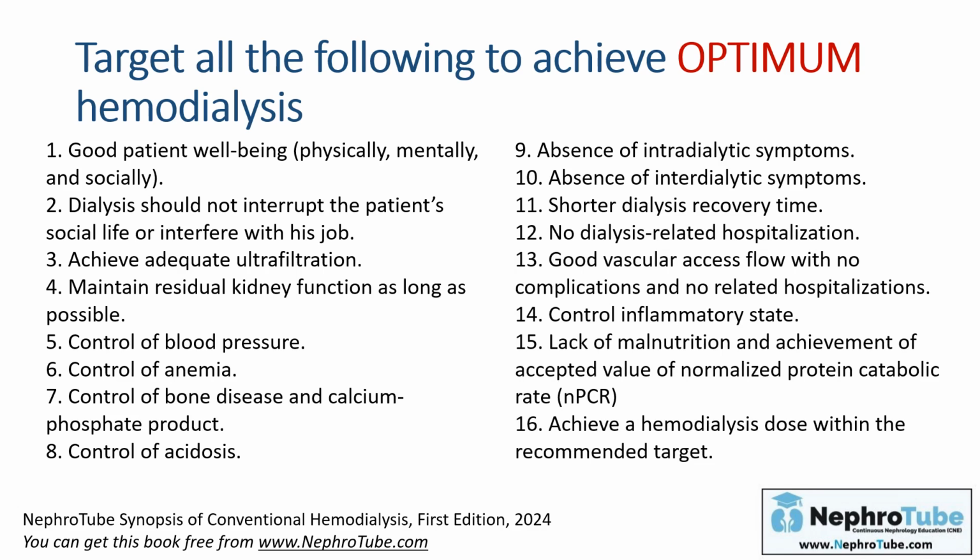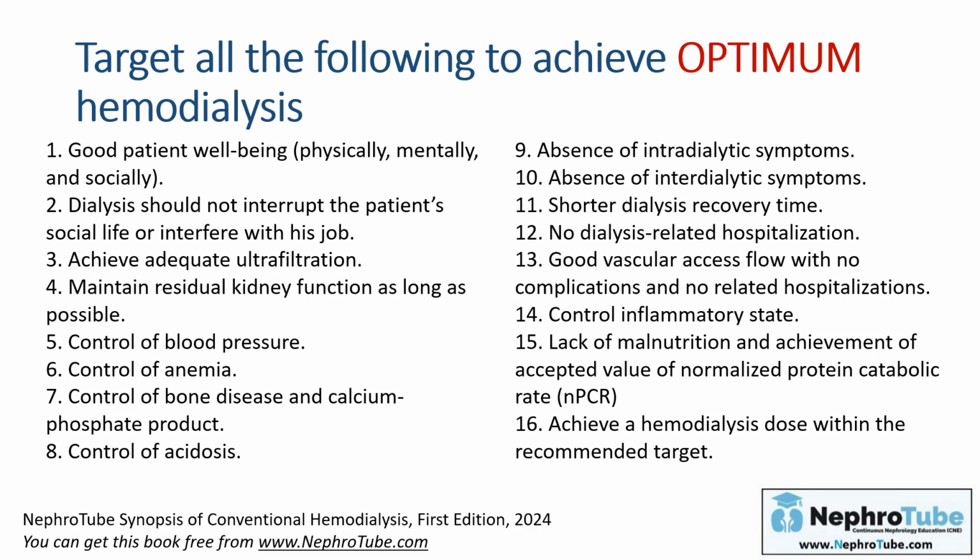We have about 16 points as targets: that the patient will have good well-being, that the dialysis will not interrupt the patient's social life and job, adequate ultrafiltration to maintain residual kidney function, blood pressure, anemia control, calcium phosphate product control, control of acidosis, absence of intradialytic and interdialytic symptoms, short dialysis recovery time, no need for hospitalization, good vascular access with no complications, controlling the inflammatory state, lack of malnutrition, and finally, a good hemodialysis dose.